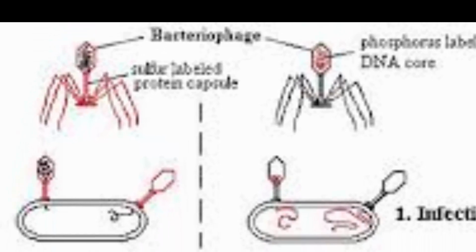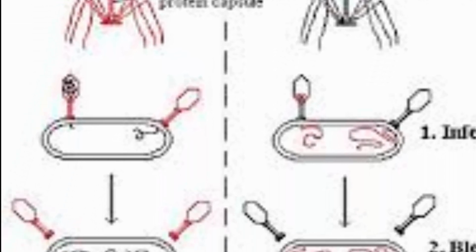Here's the depiction of the label. You can see on the left hand side that the label is all in the protein coat on the outside of the DNA, and on the right, only the DNA is labeled. Now, in the second step, you can see that the DNA is injected. On the left, there's no label being injected, and on the right, there is the label being injected with the DNA.